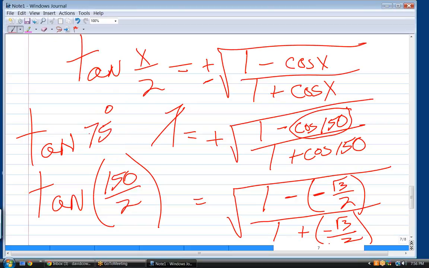So it's a useful technique when you have angles that you don't know what their results are. By using the half angle or the double angle, you can figure out trig functions of odd angles. By odd, I mean not your standard 30, 45, or 60, or multiples of those. Okay.